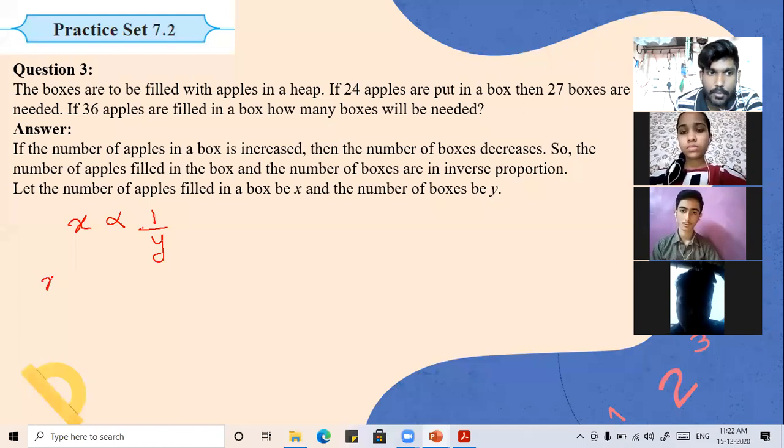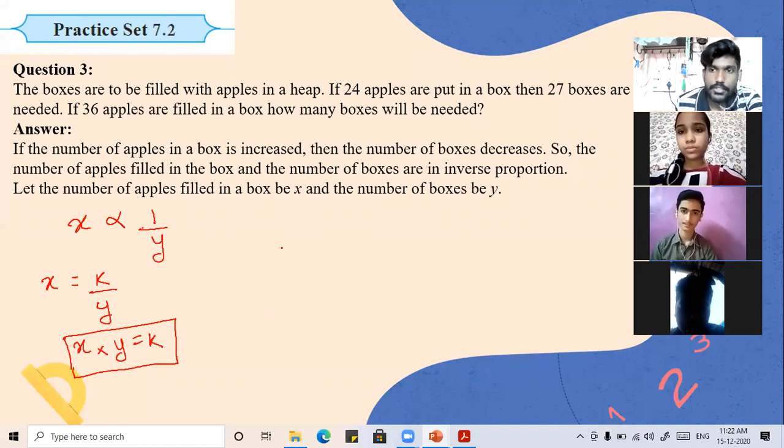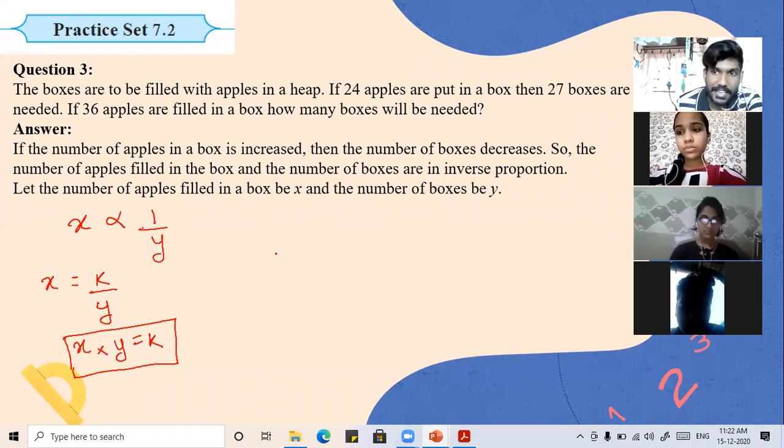So this becomes X is equal to K upon Y. Take Y to the other side, so it gets multiplied. So this becomes X into Y is equal to K. First, you have to find the value of K, that is the constant of variation.